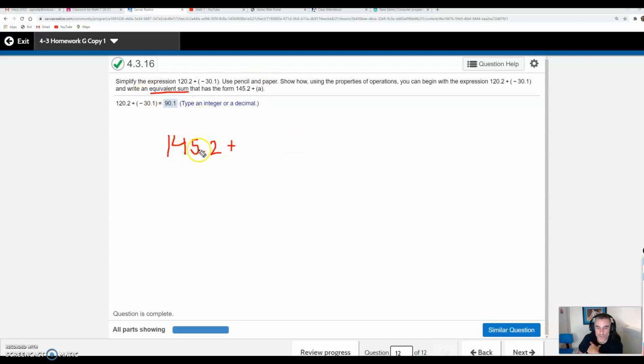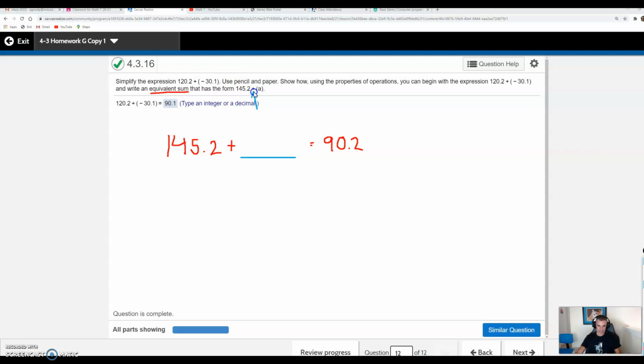So 145.2 plus something is going to equal 90.2. All right, so this number, 90.2, is smaller than 145.2. So normally we would subtract, right? I would do 145.2 minus 90.2, and that would tell me what this number is. But they specifically want us to add.